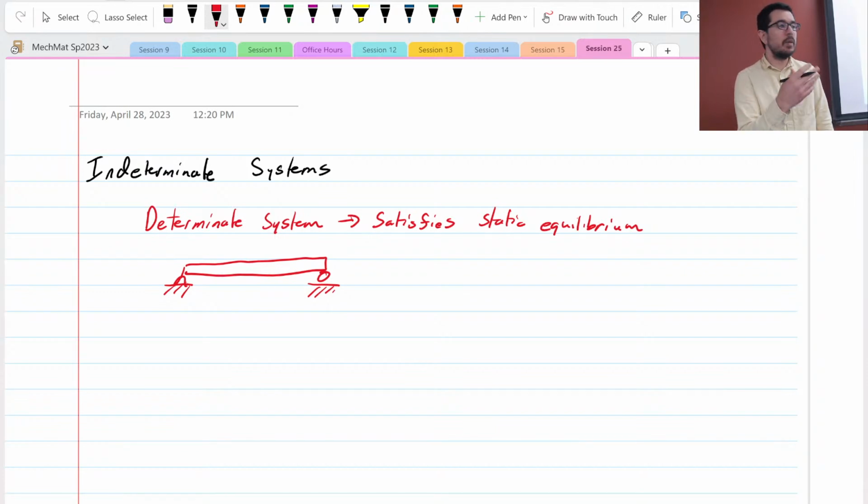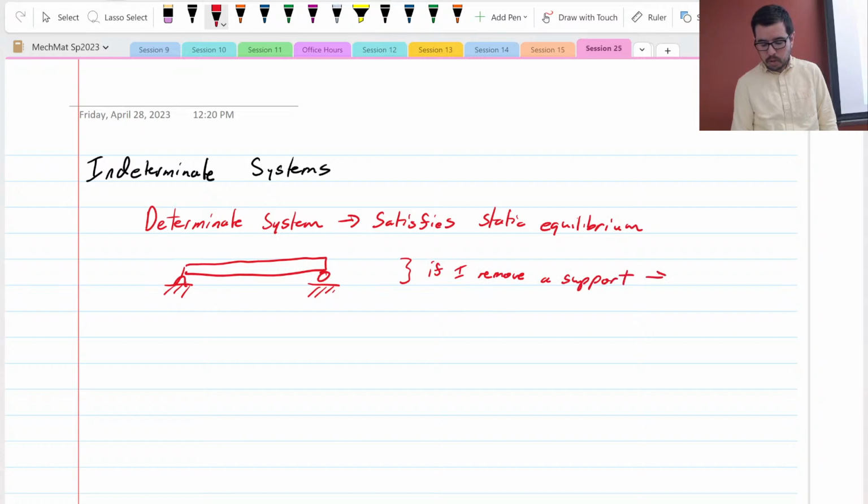It's going to be a pendulum, essentially. So this is determinate. If I remove one, it becomes a dynamic system.